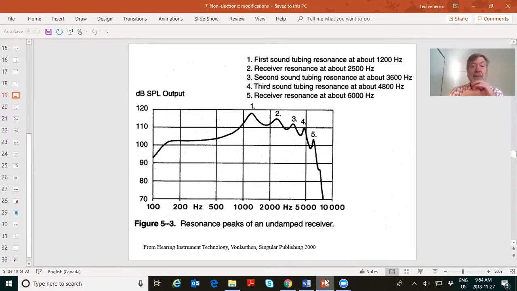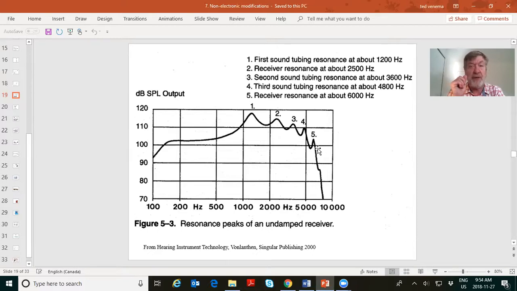So you're looking at the peak output is around 120 at 1,000 hertz. And then you've got 5 other peaks. And these peaks are due to resonances of tubing and pieces inside the hearing aid. They come from the resonances of the internal guts of the hearing aid.